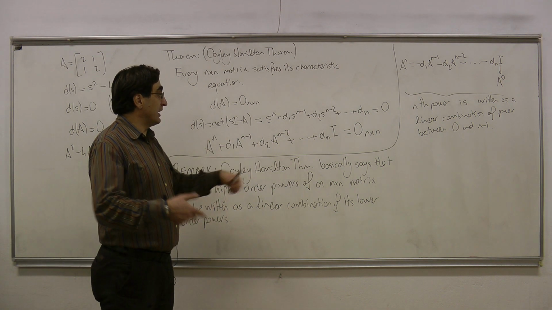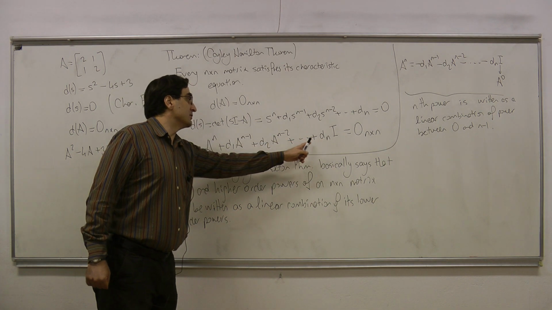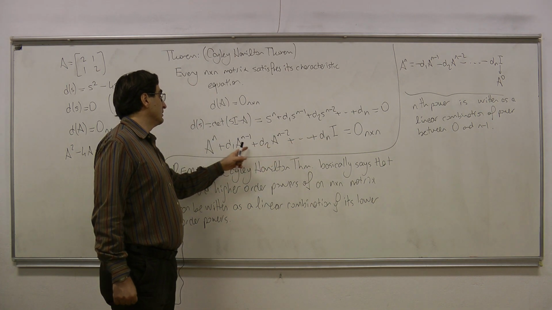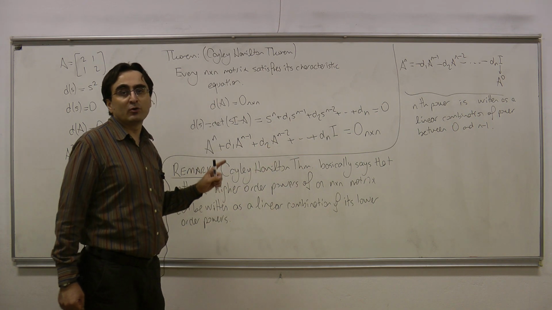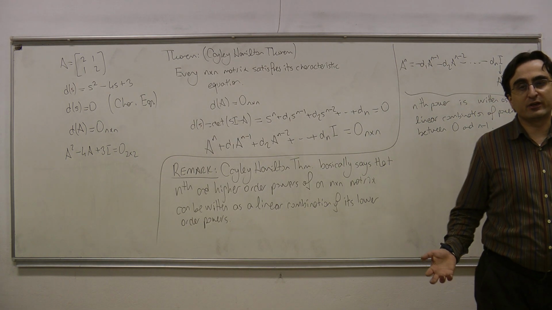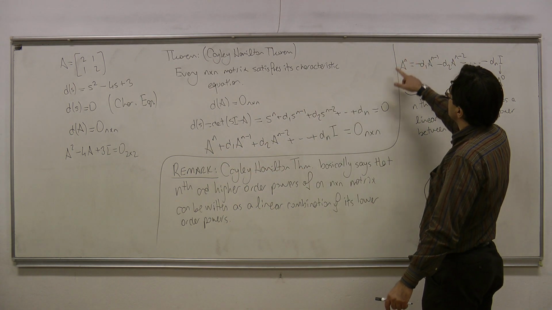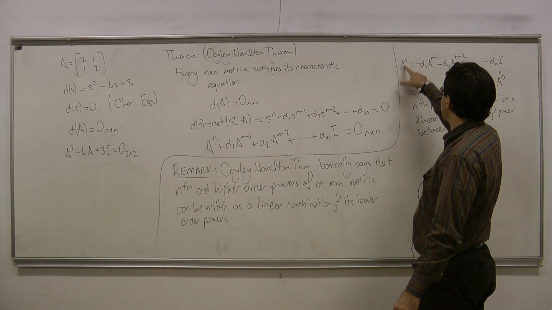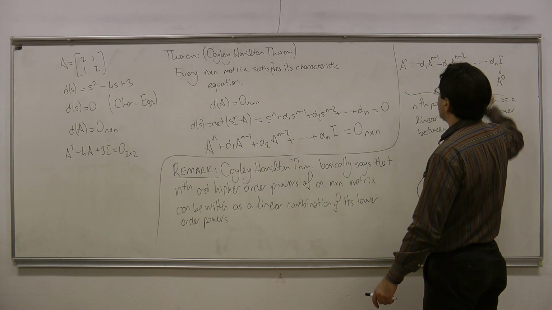When you take the powers of a matrix, the zeroth power, first order power, second power, and so on up to the n minus 1 power, when you reach the size of the matrix, A to the n, the new matrix that you obtain is no longer linearly independent of the earlier powers.